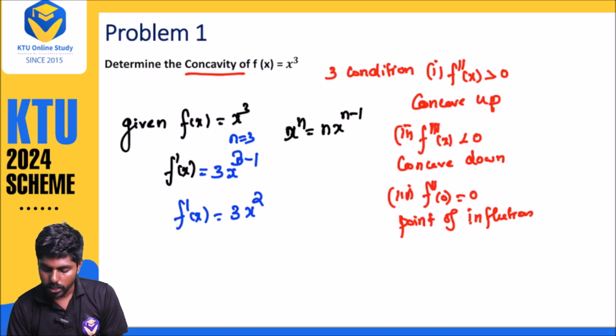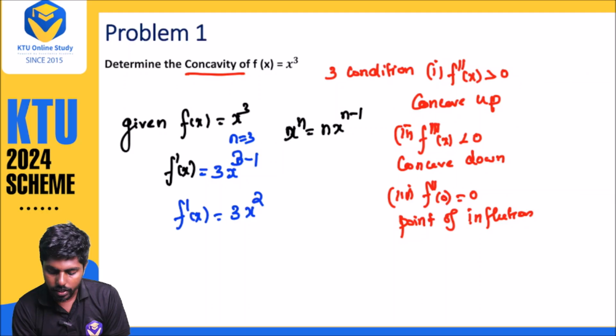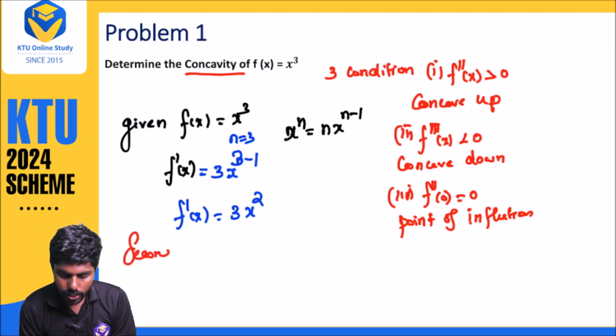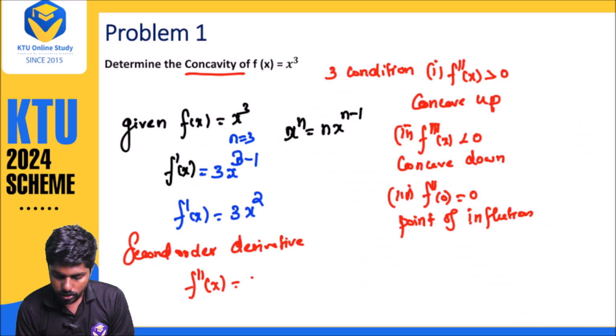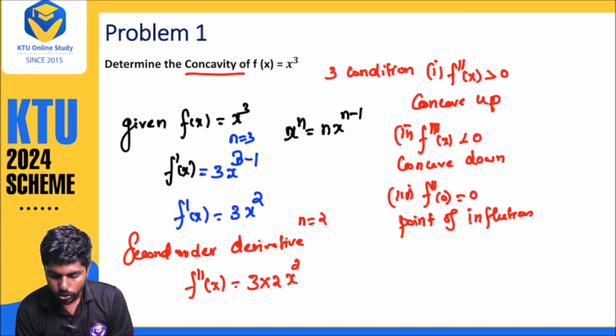Now what have they asked? We want to identify the second order derivative. So f double dash of x is equal to 3 into, n equal to 2, that is 2 into x power 2 minus 1.